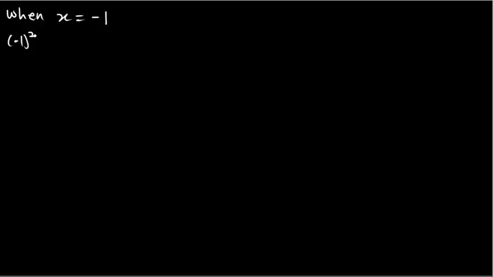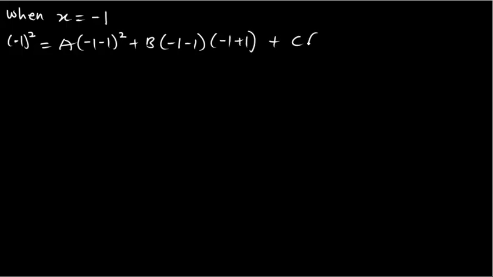That will be negative 1 squared equal to A(negative 1 minus 1) squared plus B(negative 1 minus 1)(negative 1 plus 1), and C(negative 1 plus 1). This will go to 0, and this will go to 0.